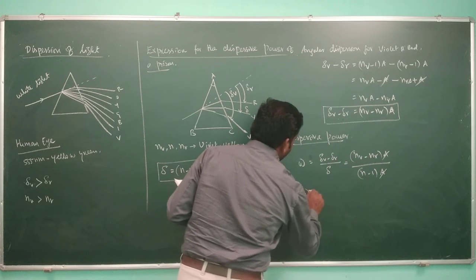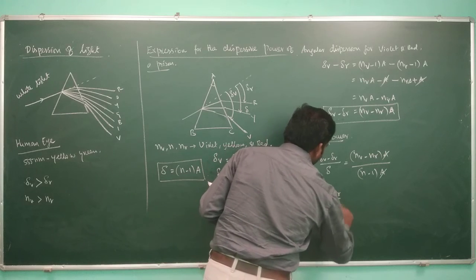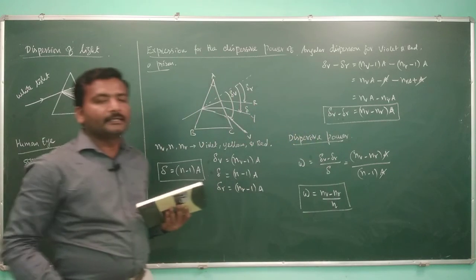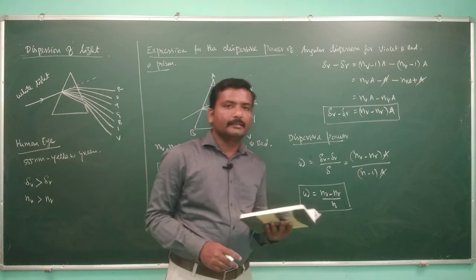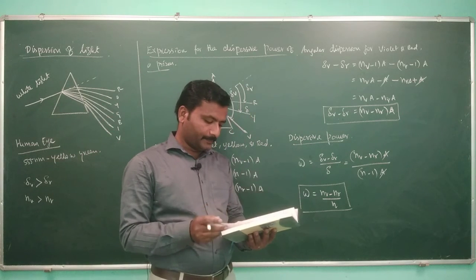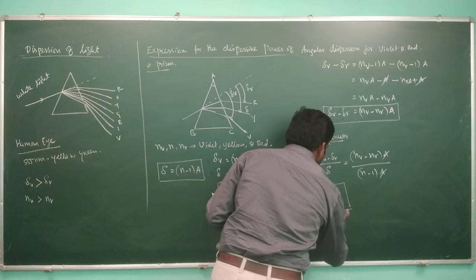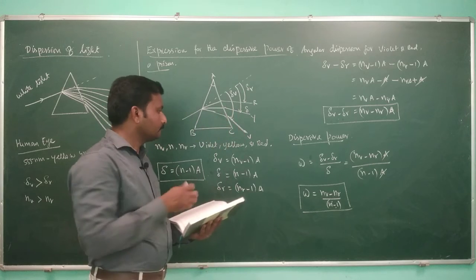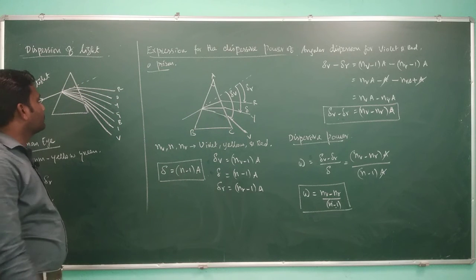So the dispersive power of the prism material is (NV minus NR) by (N minus 1), where NV, NR, N are the refractive indices for violet, red and yellow. So this is the dispersive power.